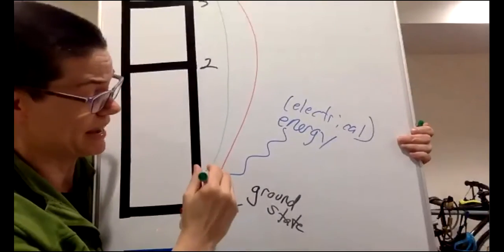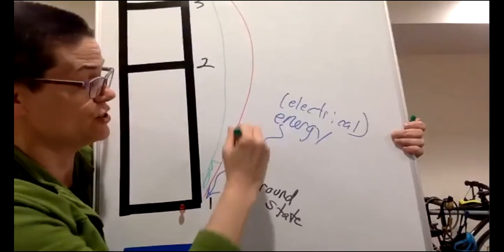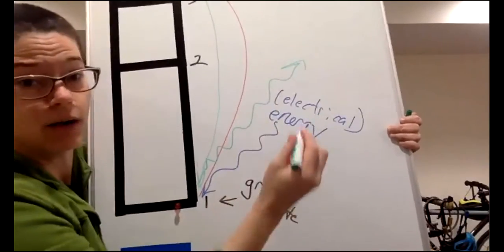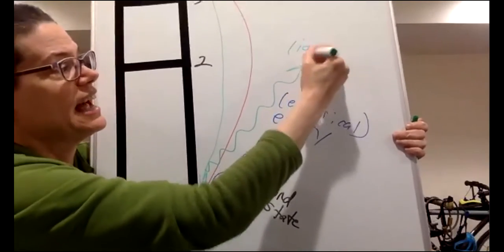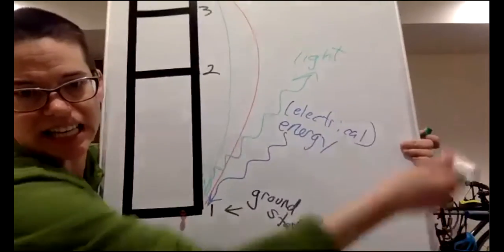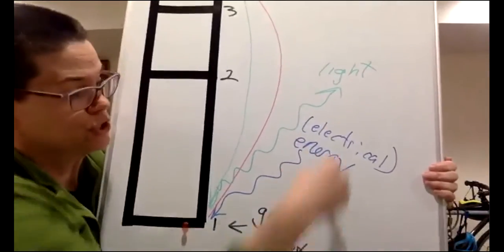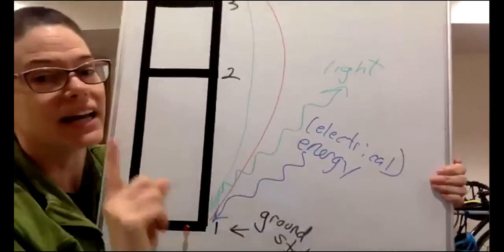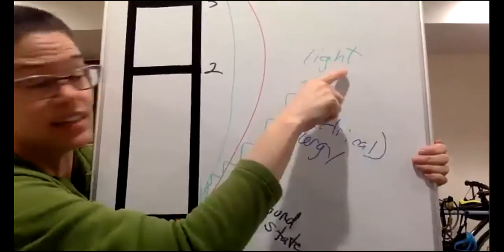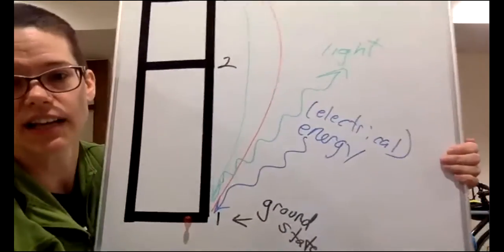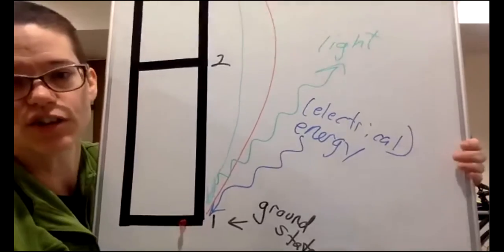So I have to give it all back out. And all of that energy that comes back out comes out as light. I can use different things to give energy in, but I am only going to get energy out as light. That is the only thing an electron knows to do, is to give energy back out as light.